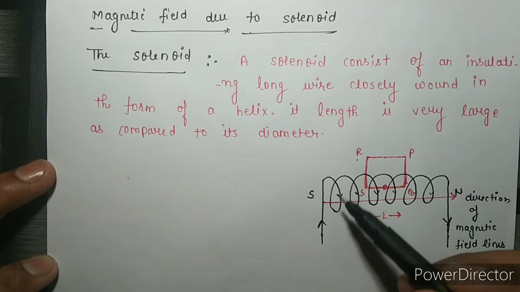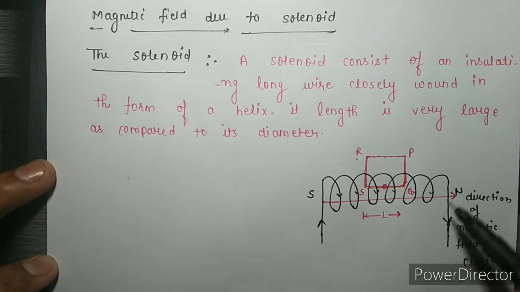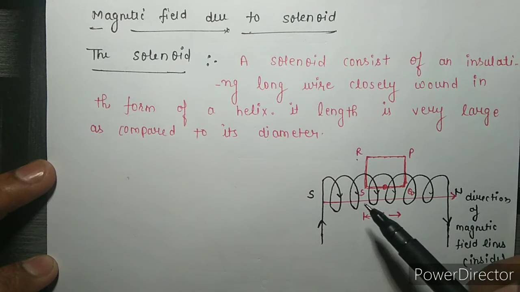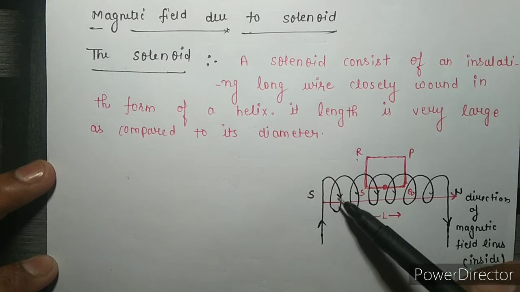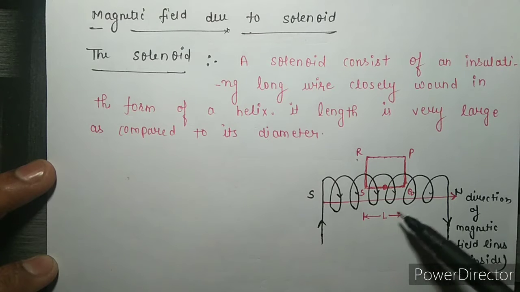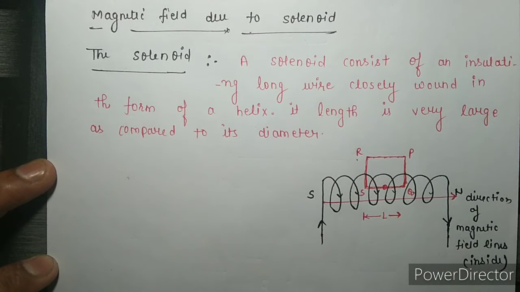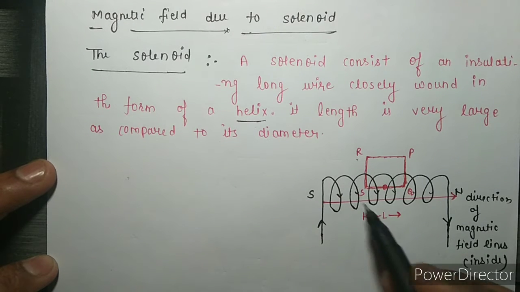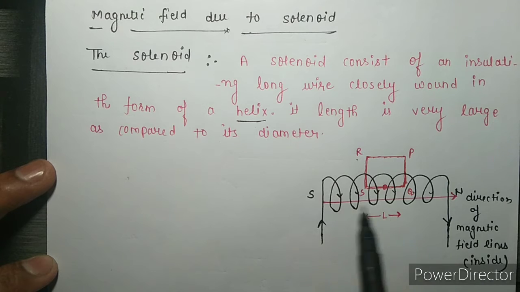This type of winding of wire is called a solenoid, and this figure is called a helix. So this helix form is called a solenoid when its length is larger than its diameter.